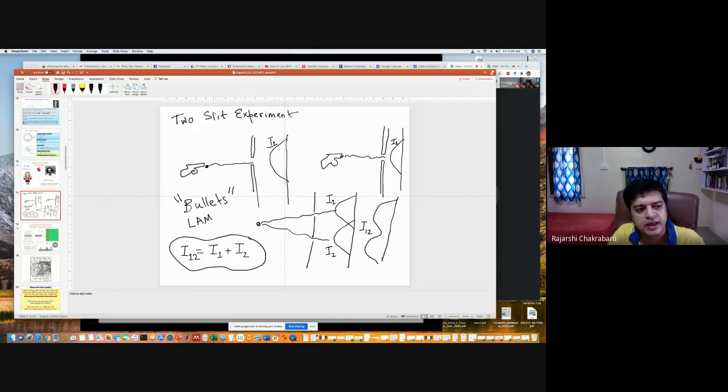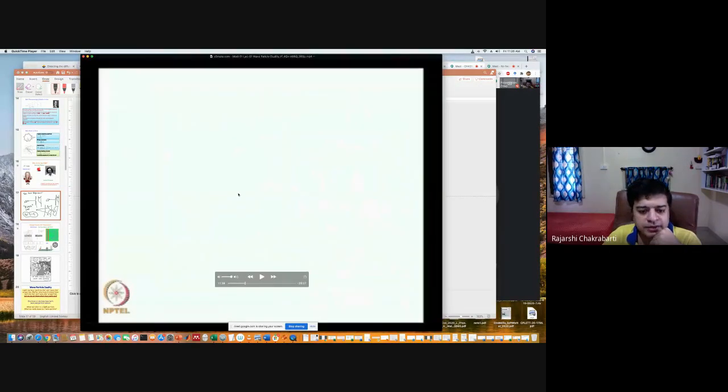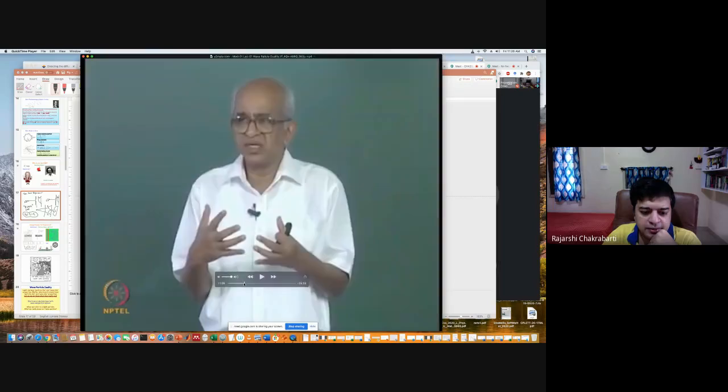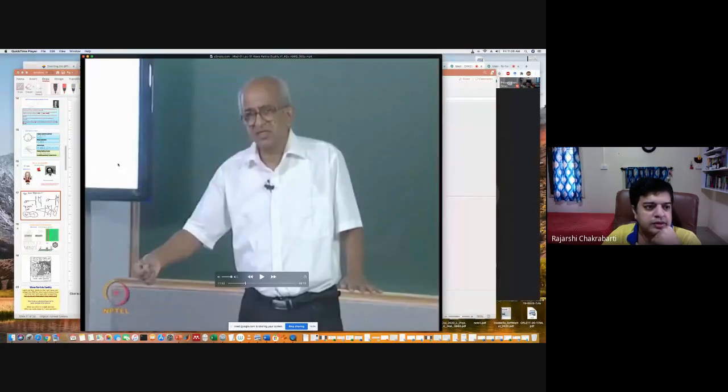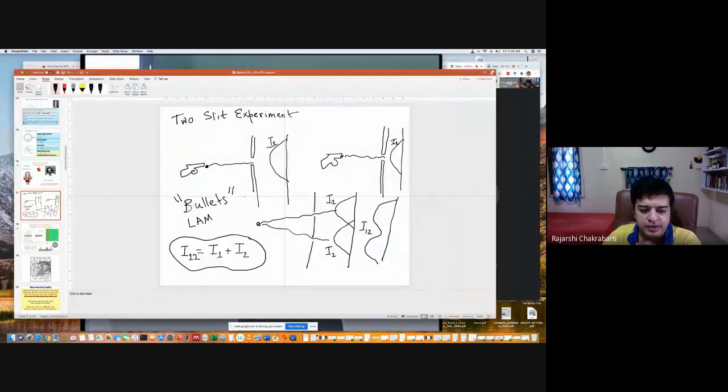So there is something which Professor Sebastian pointed out, something like what you call lumpiness associated with the bullet, isn't it? So these bullets are like particles.